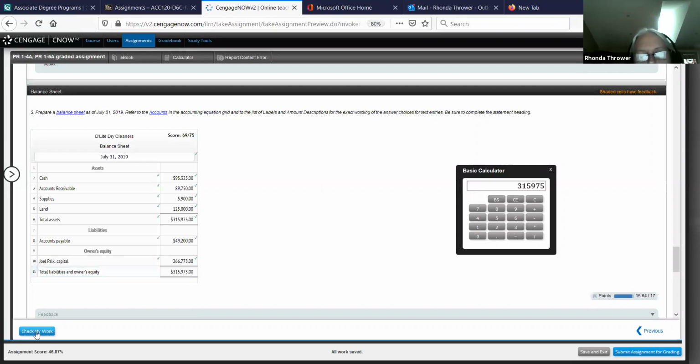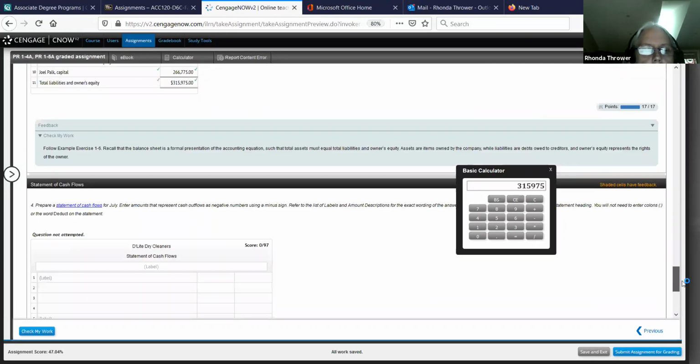Check your work. You can see here that we've combined both of these together, and the balance equals the total of the assets. That's why we call this a balance sheet. Your total assets have to equal the liabilities plus the owner's equity. And that's your balance sheet.